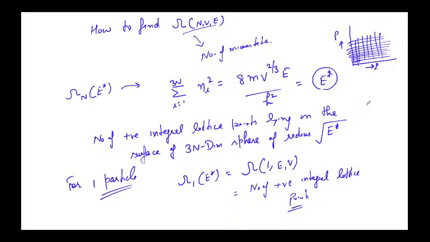This we can generally represent in a three-dimensional picture. This is along the x-axis, this is along the y-axis, and this is the trajectory of the particle, which will move along all these axes. This defines the radius of this spherical trajectory, that is, the square root of E star. Similarly for n particles, the value is omega n.